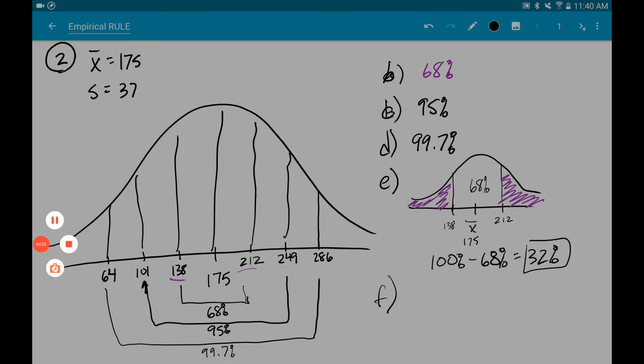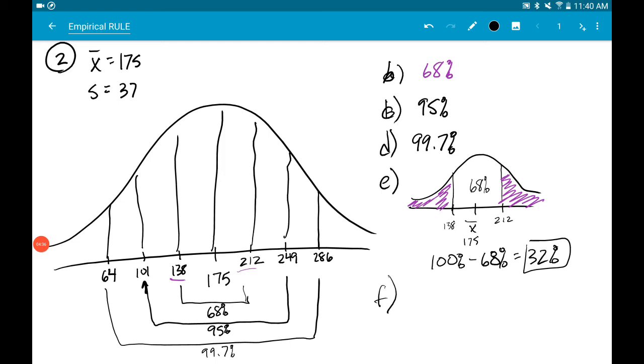Letter F says, what percent of values are outside 101 to 249? So same kind of idea as the last one. This is 1 standard deviation, but 101 to 249 is 2 standard deviations.